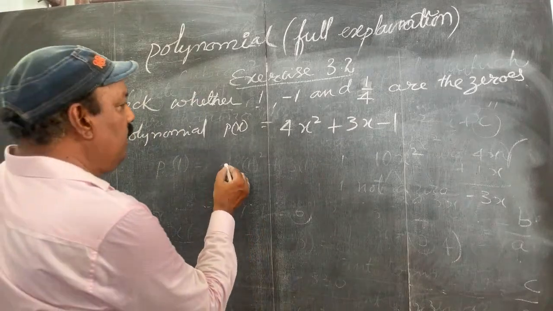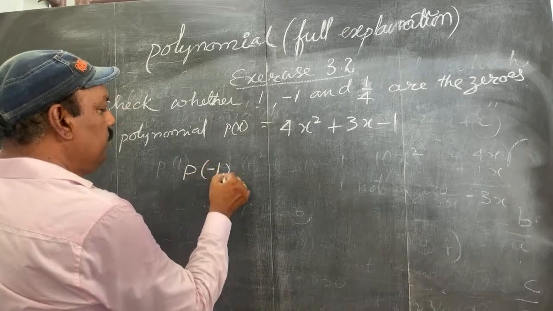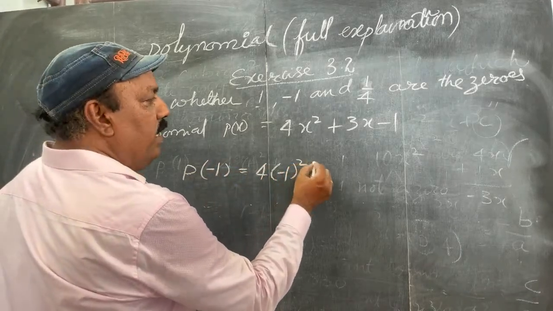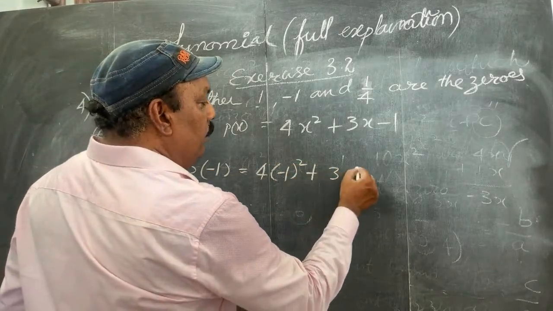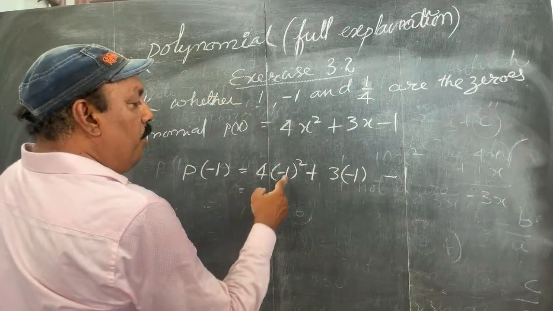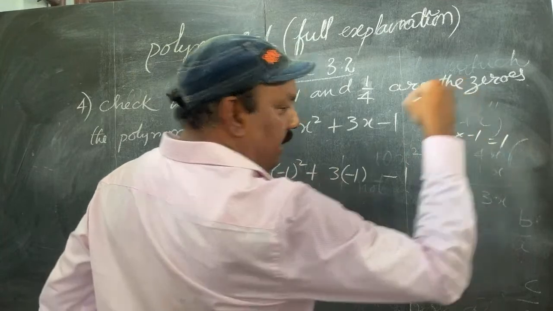Now we will go into the equation. P of minus 1 equals 4 into minus 1 whole square plus 3 into minus 1. Now here minus 1 into minus 1 you will get 1 only.